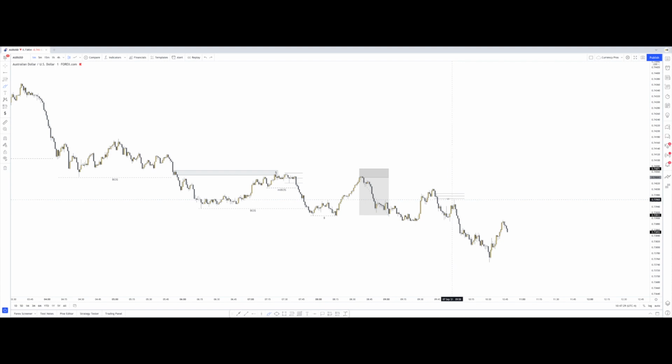Price didn't even tap into the bottom of that supply, let alone the 50% where I look for. So the main two entries were this one that I took and this move here that reacted to the initial supply here. Those were the two moves today as far as I can see. Again, if I held it, that would have been great, but I wasn't in the mood to do that. I just wanted to get out of the market, and I was very comfortable doing so.